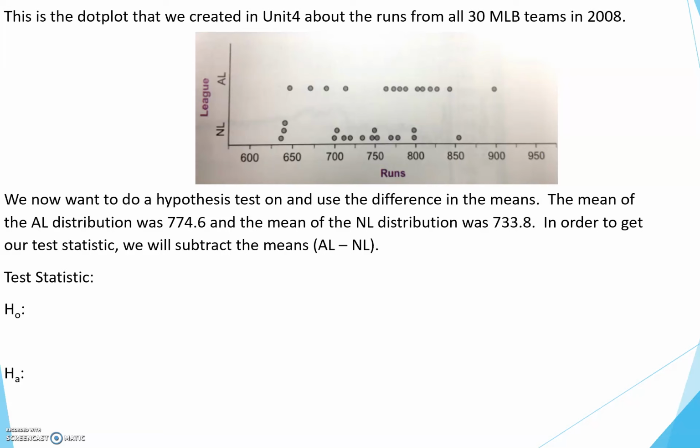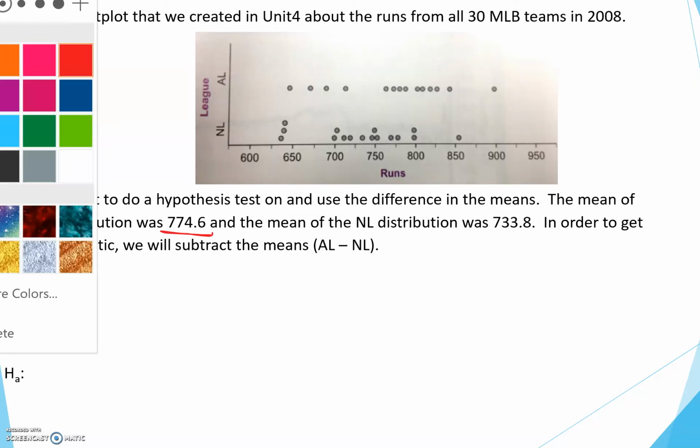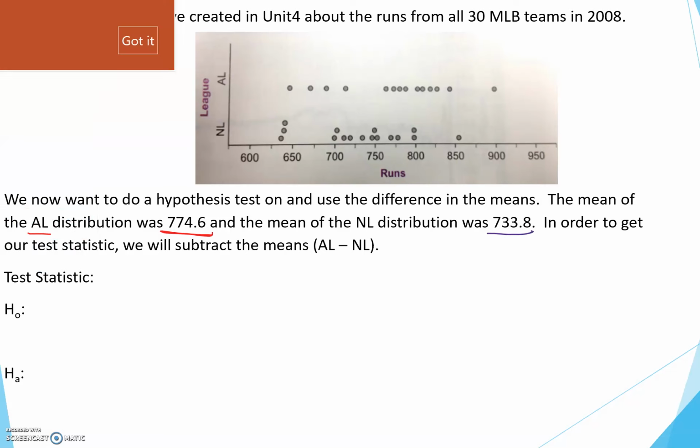All that fun stuff. So this dot plot that you're looking at is the dot plot that we used back in Unit 4, and it was the runs scored by the National League and the American League teams. So here is the mean for the American League, and then here is the mean for the National League.